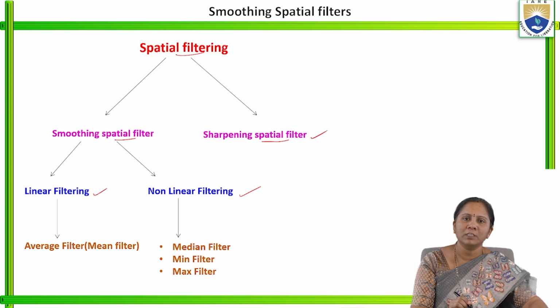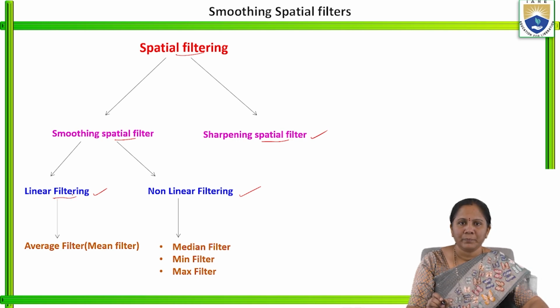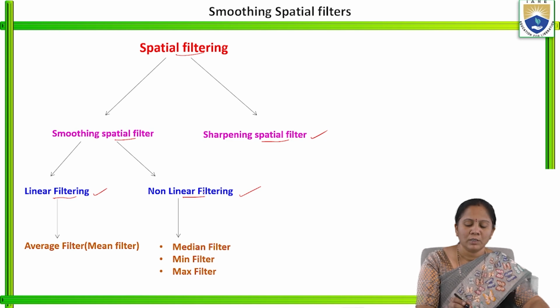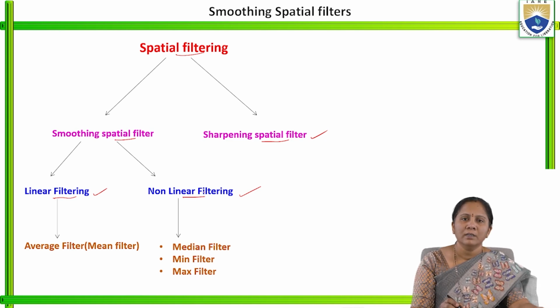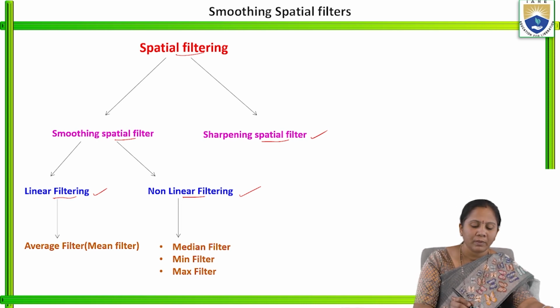So convolution is performed in linear filtering. Whereas in non-linear filtering, we consider the ranking of pixel values, and based on that ranking, the center pixel value is replaced.